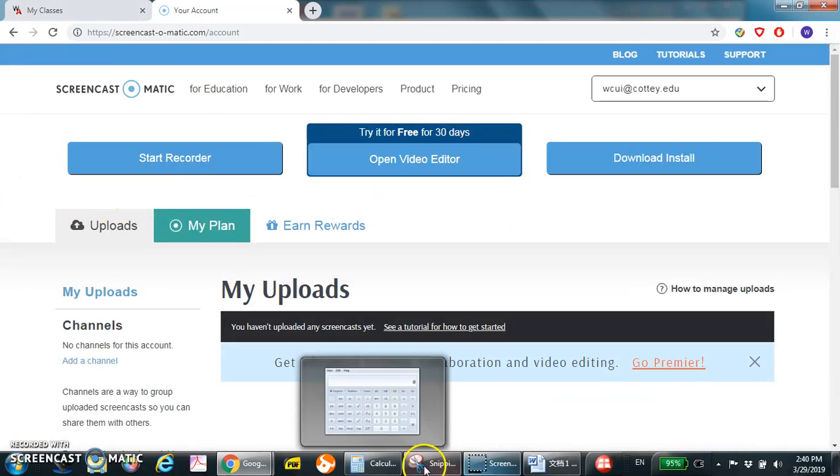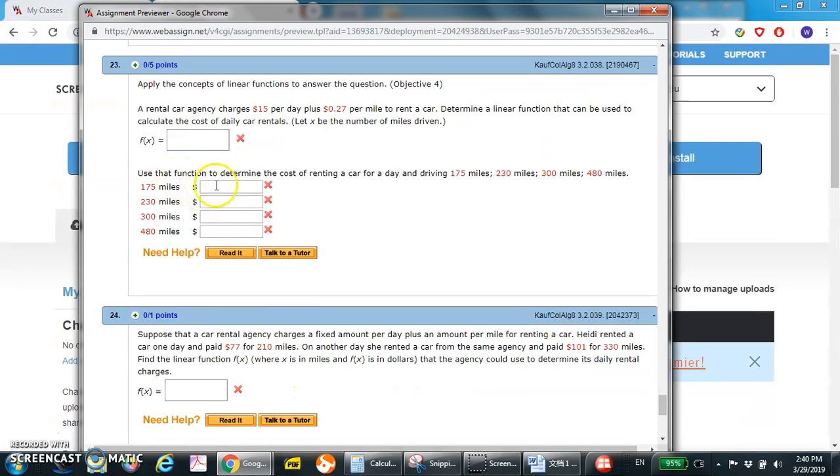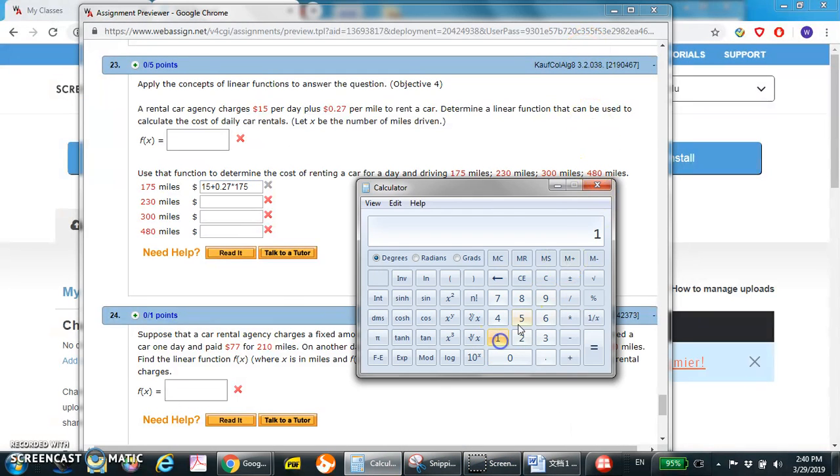So if you drive 175 miles, then you're going to pay $15 plus the cost of these 175 miles. So this will be 15 plus 0.27 times 175.